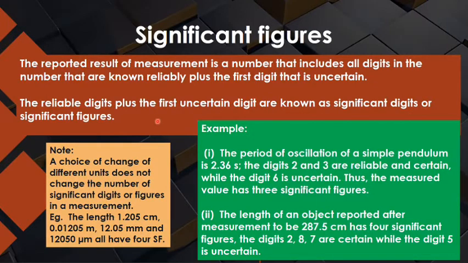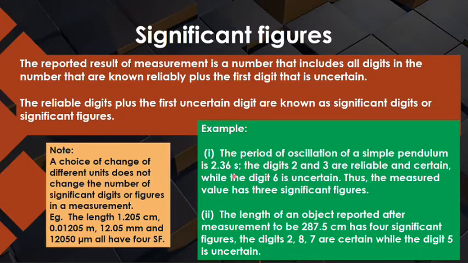So you can say in brief that the reliable digits plus the first uncertain digit are known as significant figures or significant digits. Taking another example, you are measuring the time period of oscillation of a simple pendulum and it comes out with the stopwatch as 2.36 seconds. Then digits 2 and 3 are reliable, meaning sure, but the last digit 6 is uncertain.